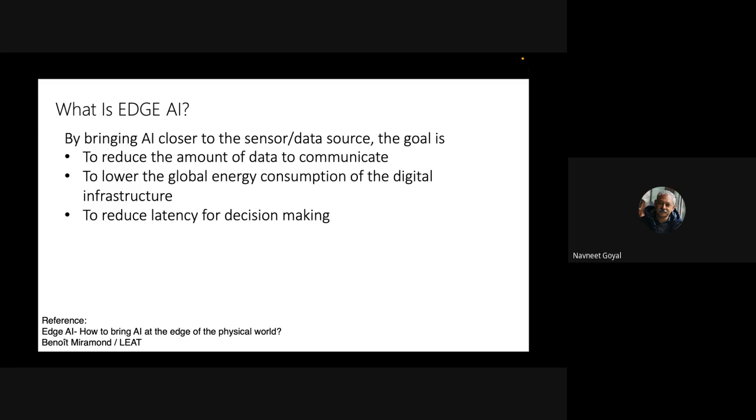The energy consumption in all these three aspects of data needs to be minimized. And of course, the main objective is to reduce latency for decision making. You'll see that Edge AI is becoming very popular in real-time applications.